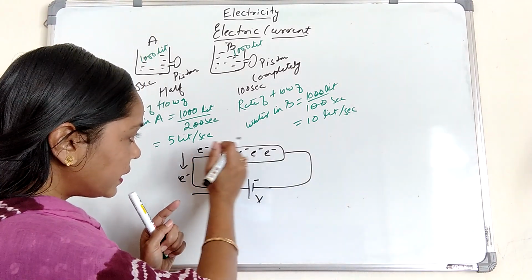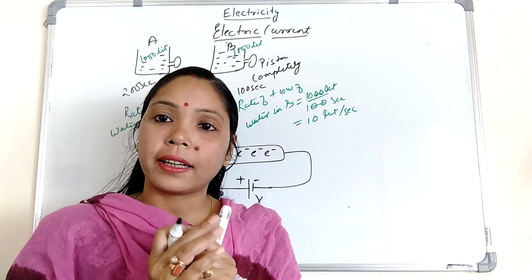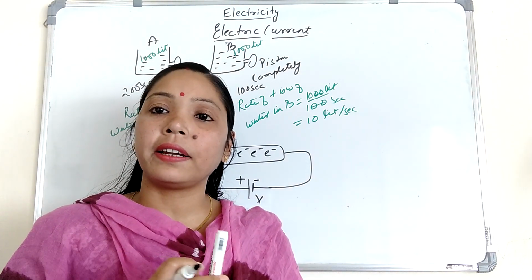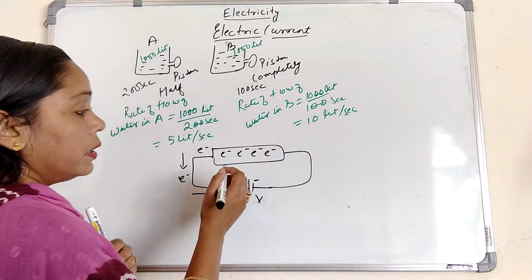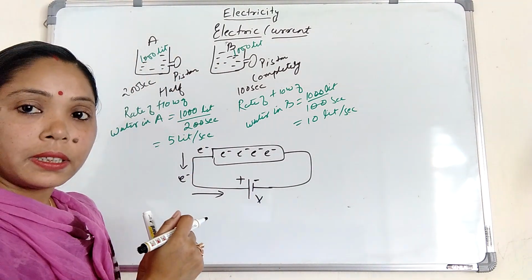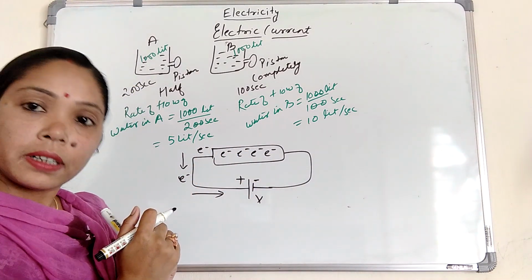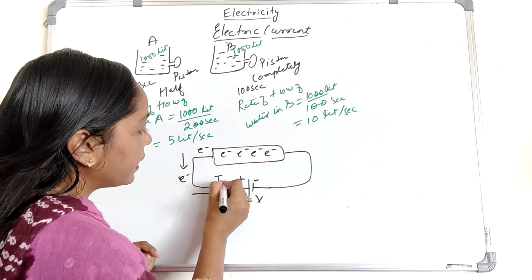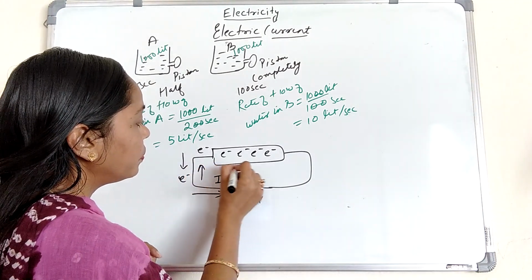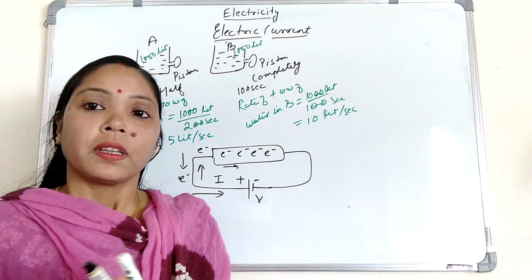As soon as they start moving, it means there is some electric current, because electric current is the movement of charge. So the rate of flow of charge is your electric current. Now as soon as we have connected, the electric current moves in the opposite direction of the electron.